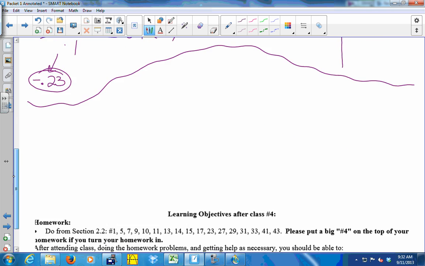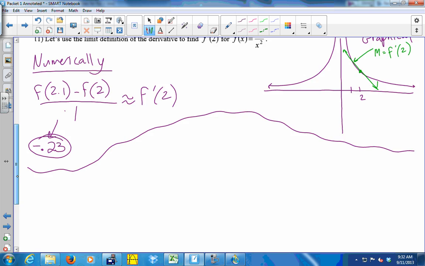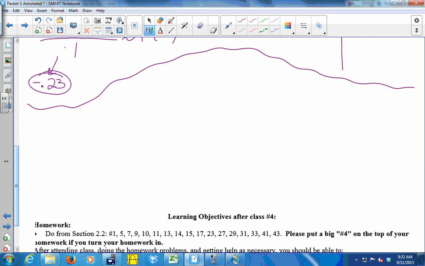Okay, so the algebraic limit definition of a derivative says we're going to take a difference quotient, which is an average rate of change from t equals 2 to t equals 2 plus h, some distance in the future. So I'm going to do f of 2 plus h minus f of 2 all over h. That's an average rate of change from t equals 2 to some small distance in the future, 2 plus h.